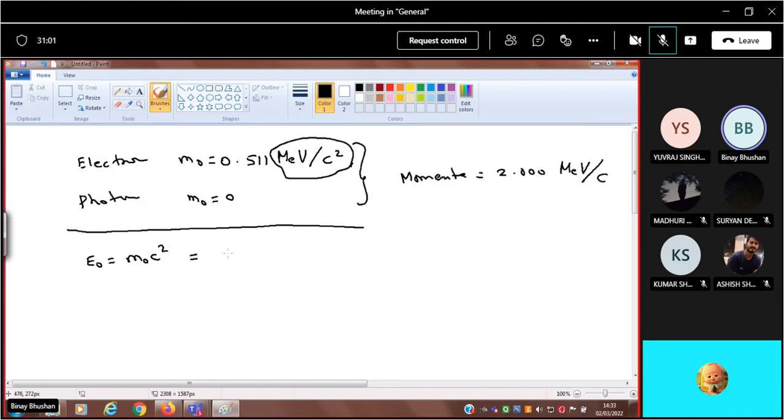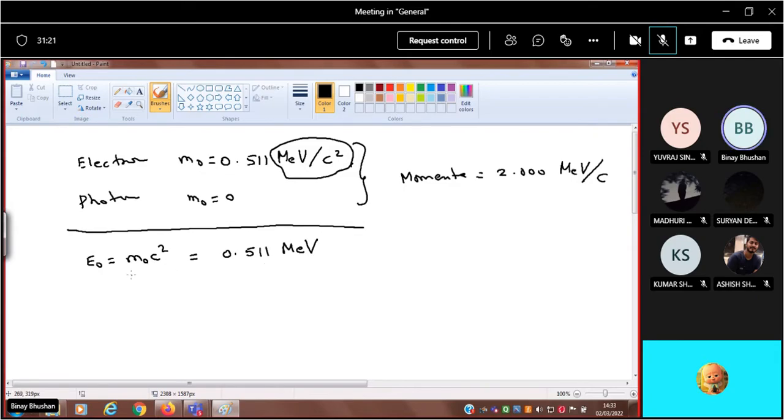Madhuri, did you do? No, sir. Everybody should take this homework very positively. If you calculate, then you will get this 0.511 mega electron volt.